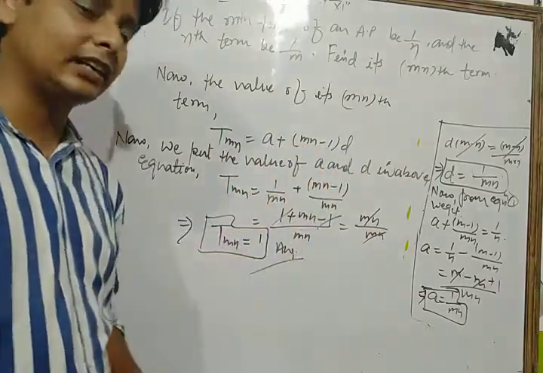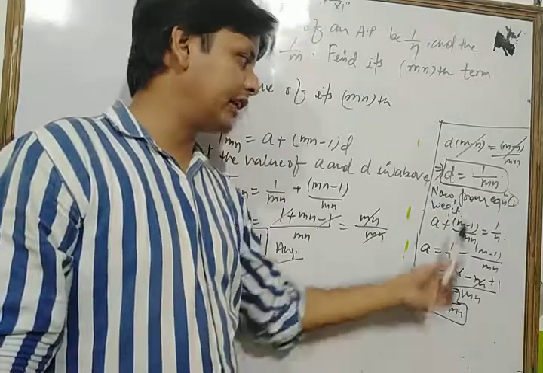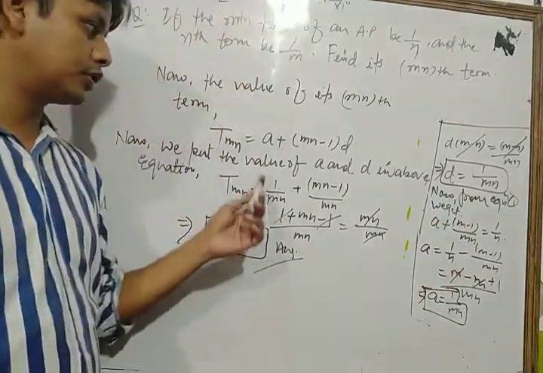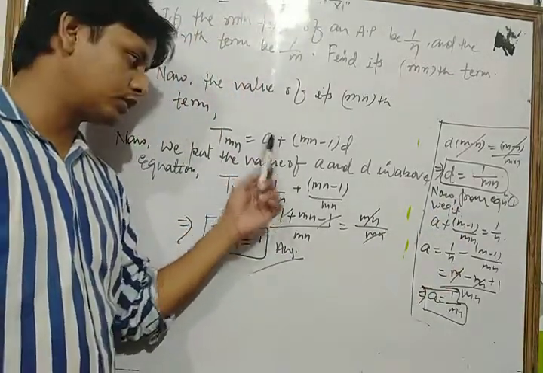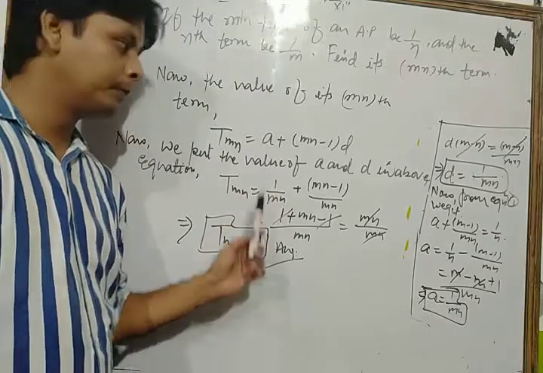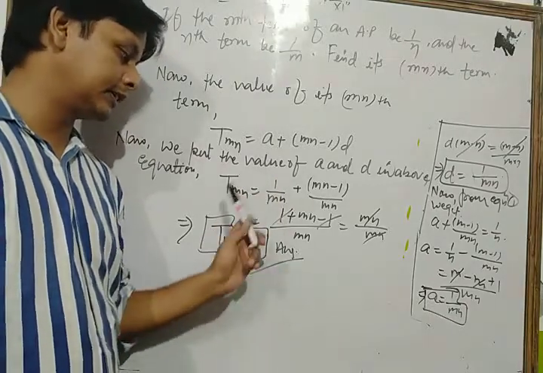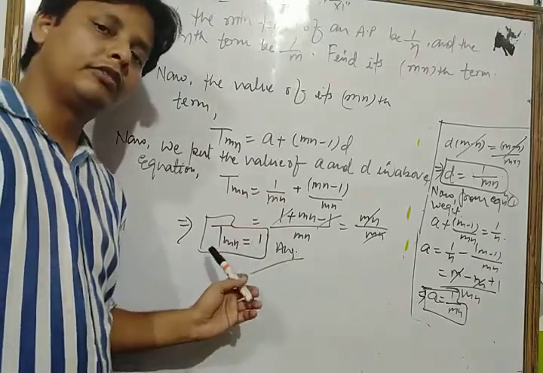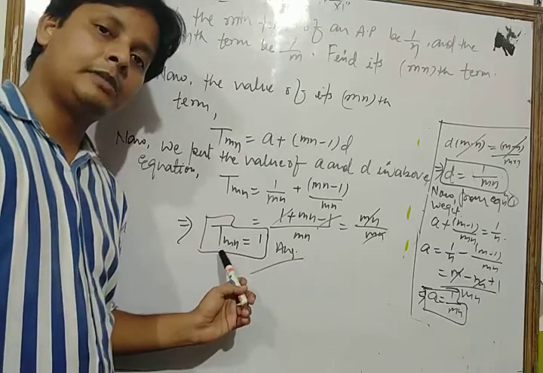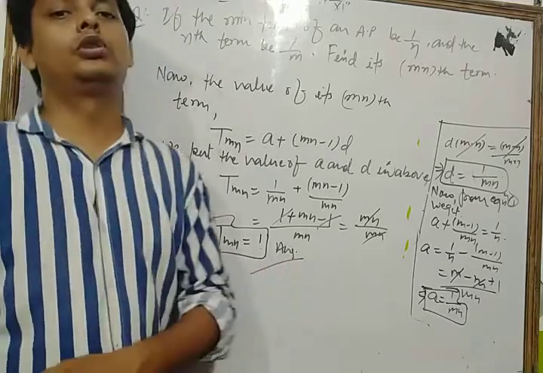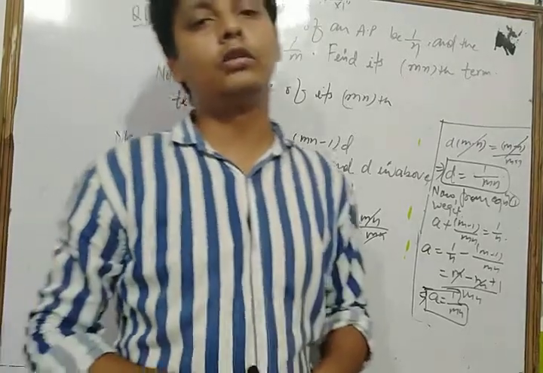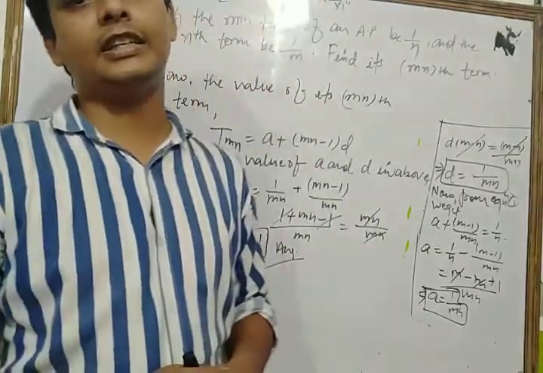At last we put the value of a and d in that equation. In this way, after solving it, we get that this expression is 1. So the value of its mnth term is 1. So dear students, in this way you can solve each and every question of your NCERT exercise.